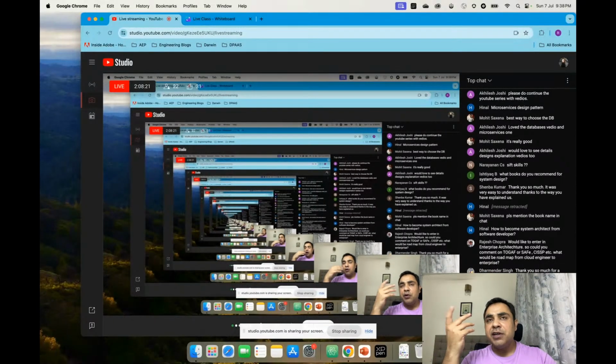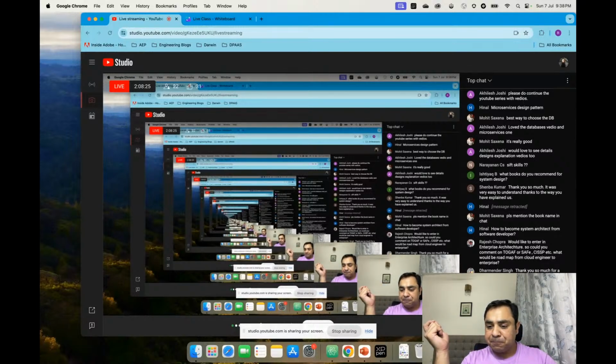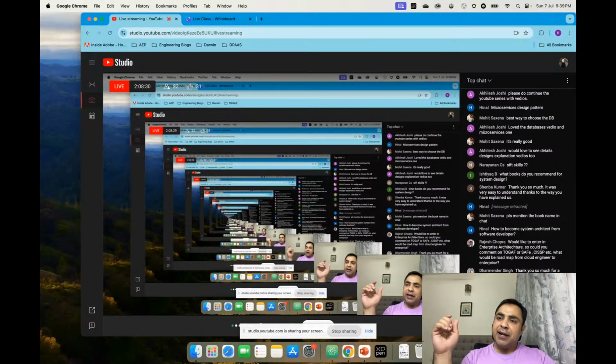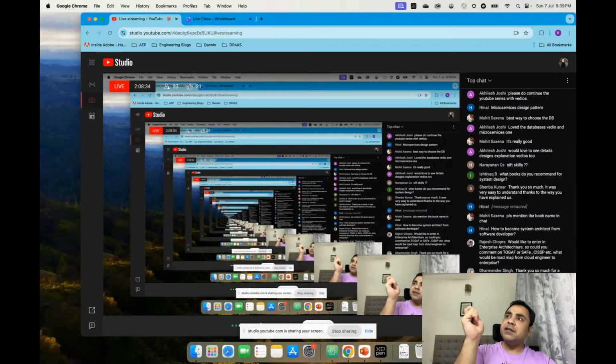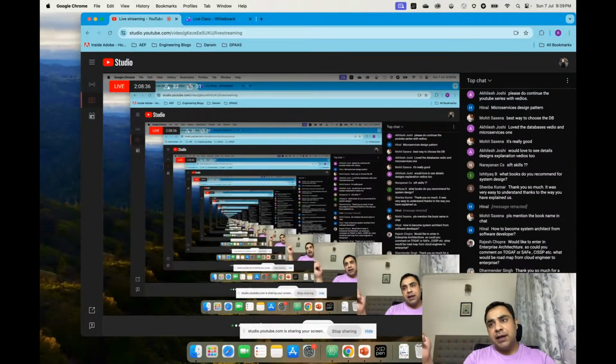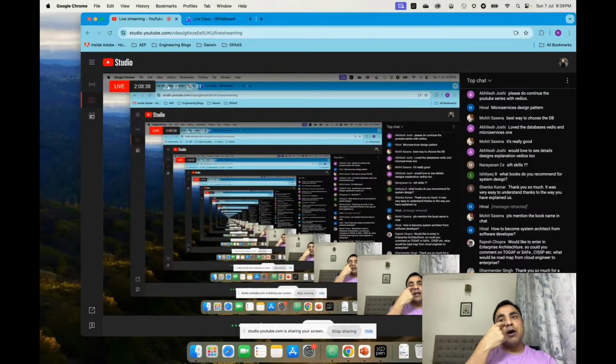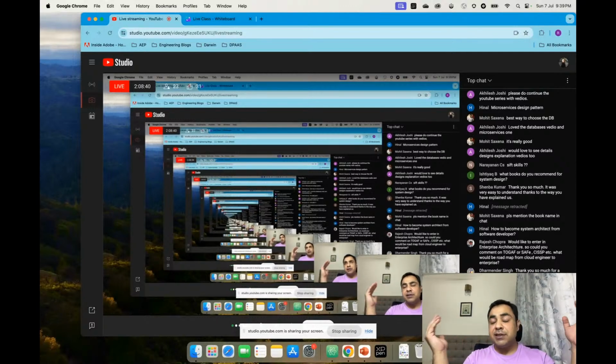In terms of role, it may vary. Some say enterprise architect, some say software architect, some say big data architect, some say cloud architect. But at the end of the day, we have to design the solution architecture.